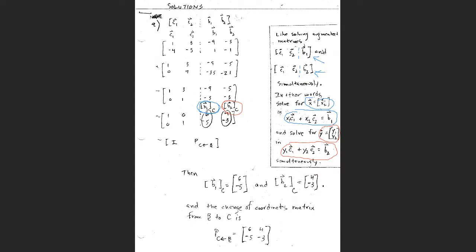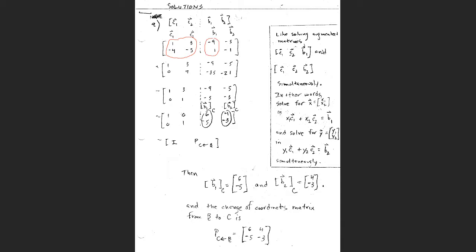Okay, anytime you solve a vector equation, you're solving an augmented matrix. What we have up here is an augmented matrix whose left side is 1, 3, -4, -5, and whose right side is -9 and 1.